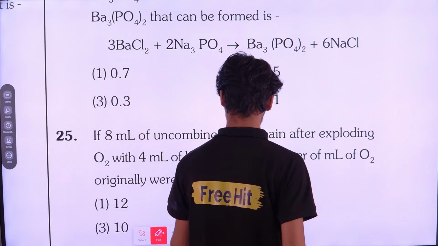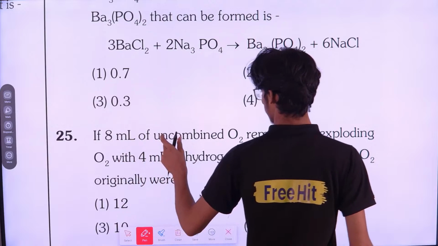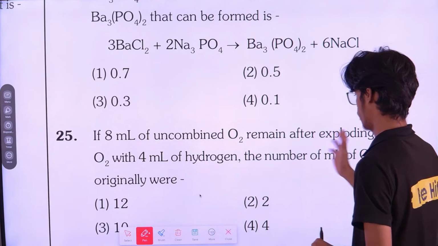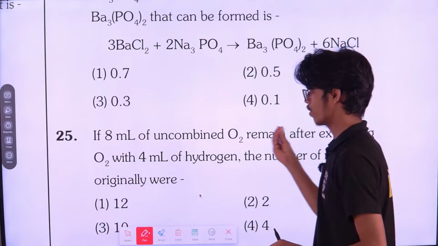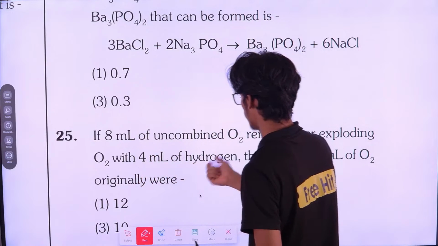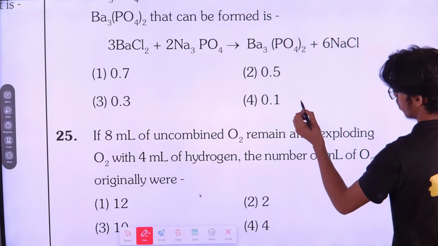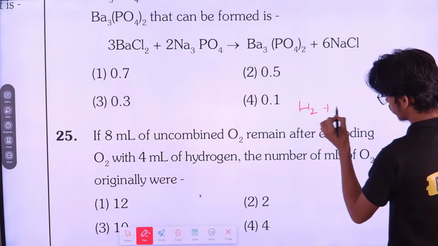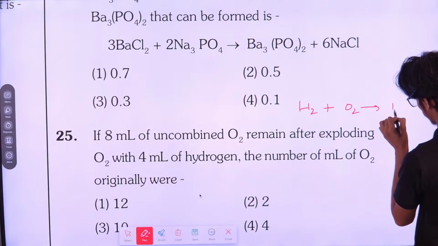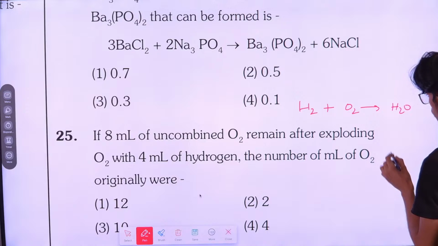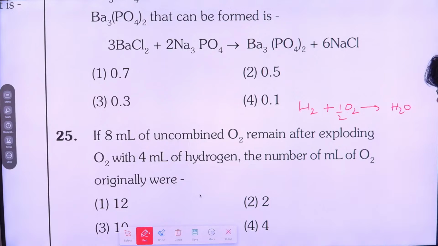Now guys, the thing is 8 milliliter of uncombined oxygen was remaining after exploding oxygen with 4 milliliter of hydrogen, okay. So it means hydrogen is reacting with oxygen to form water. So I will just do it half, okay. So ratio is 1, half, 1.